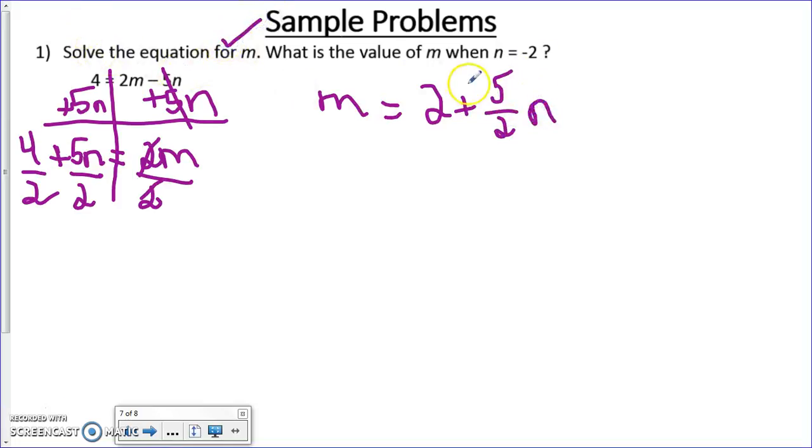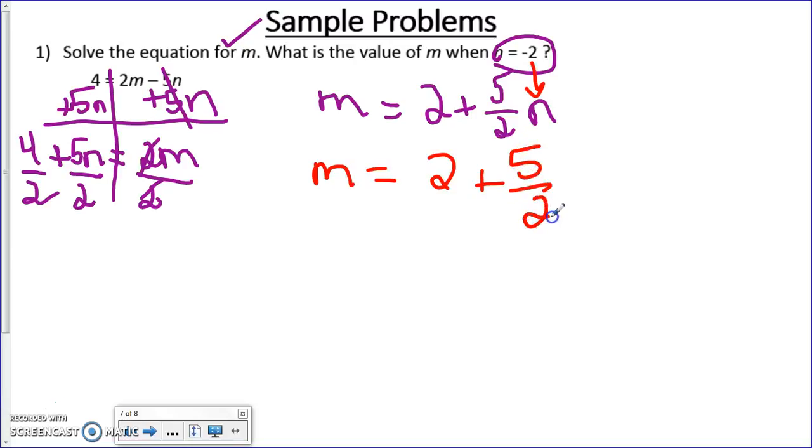Check. Now they want to know what is the value of m when n is equal to -2. So now we can rewrite the equation by substituting n equals -2 right there. So m equals 2 plus 5 over 2 times, it says -2, I'm going to write -2 as a fraction, -2 over 1.